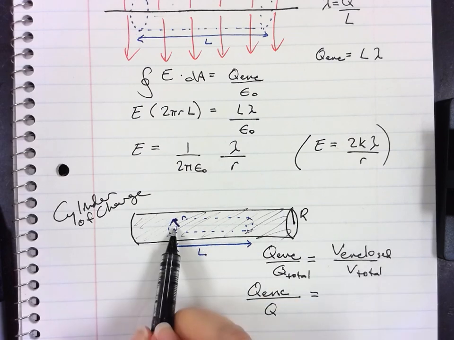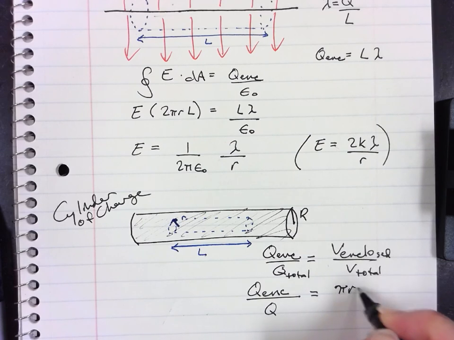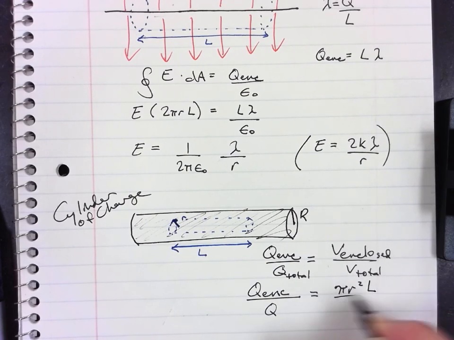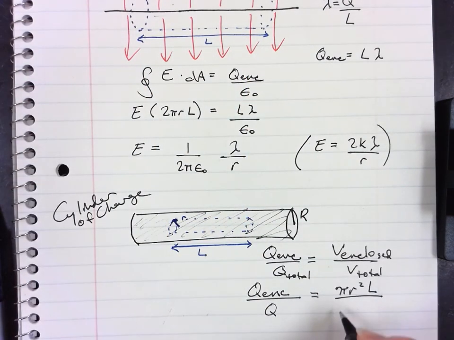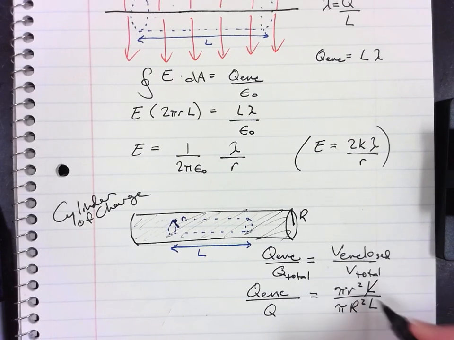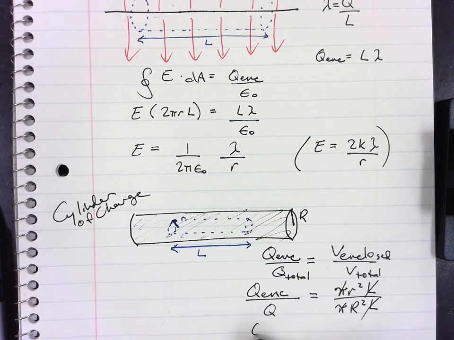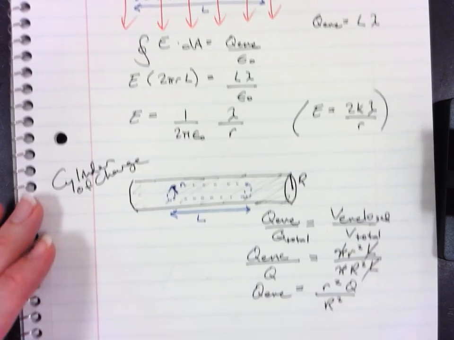The volume of the cylinder is the area of one end times the length. So it's pi little r squared times L. And the volume of the whole thing for this length would be pi big R squared times L. Again, L cancels out, as is helpful, and so does pi. So Q enclosed equals little r squared times Q over big R squared.